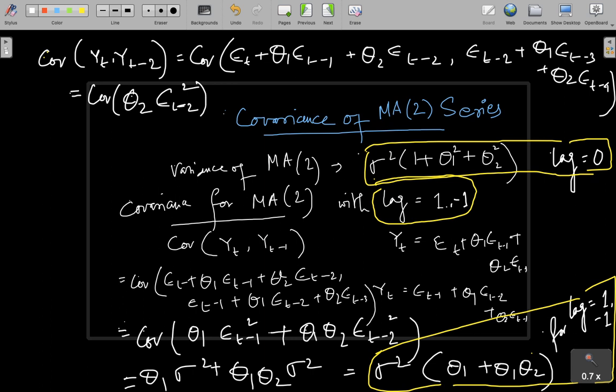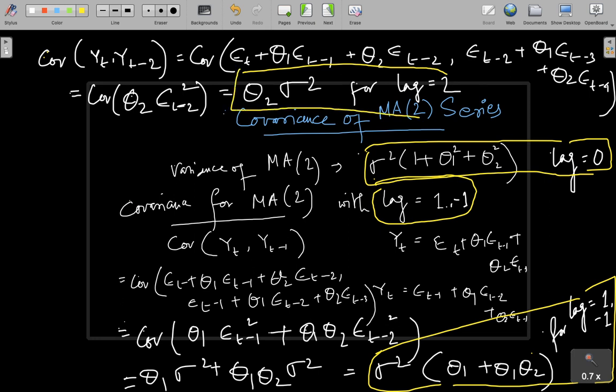I can take theta 2 out, and cov of epsilon t minus 2 squared is nothing but the variance of epsilon t minus 2, and since this is an IID error term, I get sigma squared. So this is for lag equal to 2, another result.